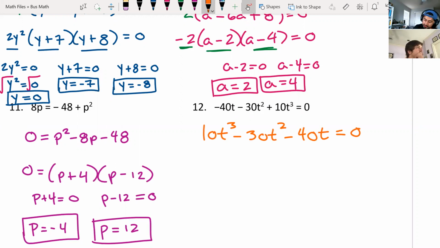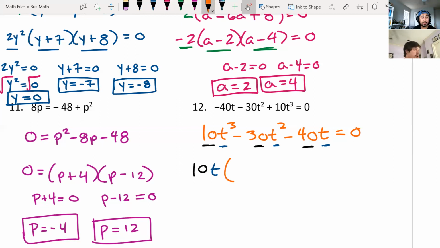And now we see that there's a 10, a 30, and a 40. What could we factor out? 10. T. Good. And then you said t cubed, t squared, t. You can factor out a t.